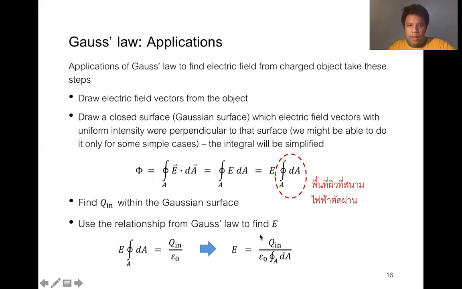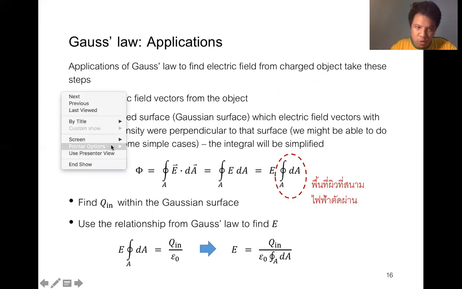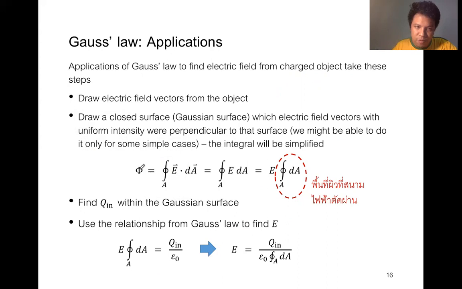Okay. Then the other applications of Gauss's law is to find the electric field from some simple shapes. So we are going to go through these steps. In step 1, when first trying to use Gauss's law, we draw electric field vectors from the object. So try to make the picture.